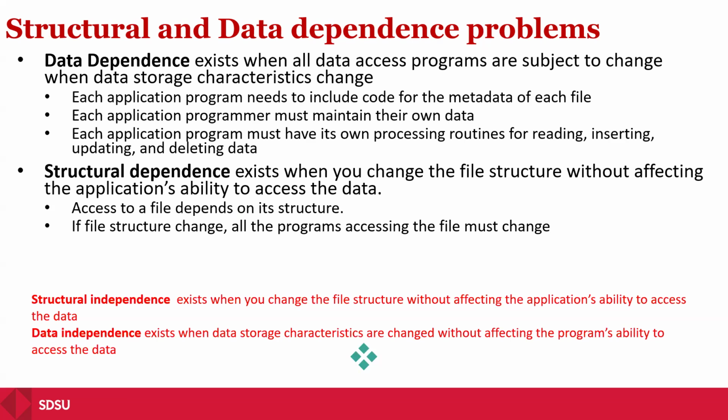This is very difficult to achieve with a file processing system because file structure defines the programs and how they access it. Data independence is similar: when the data is changed, the routine that accesses the data can remain unchanged.